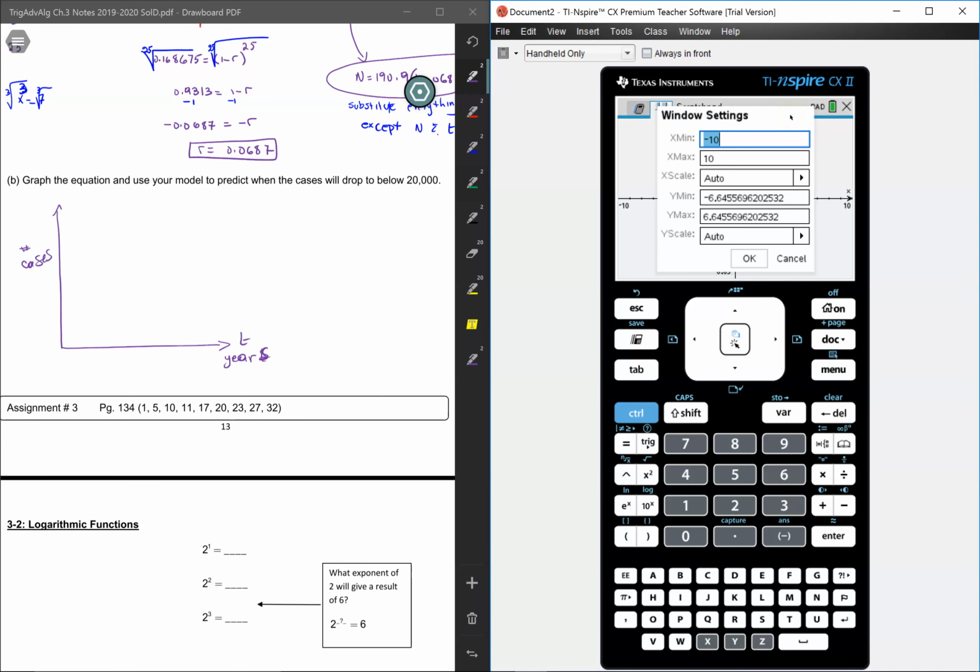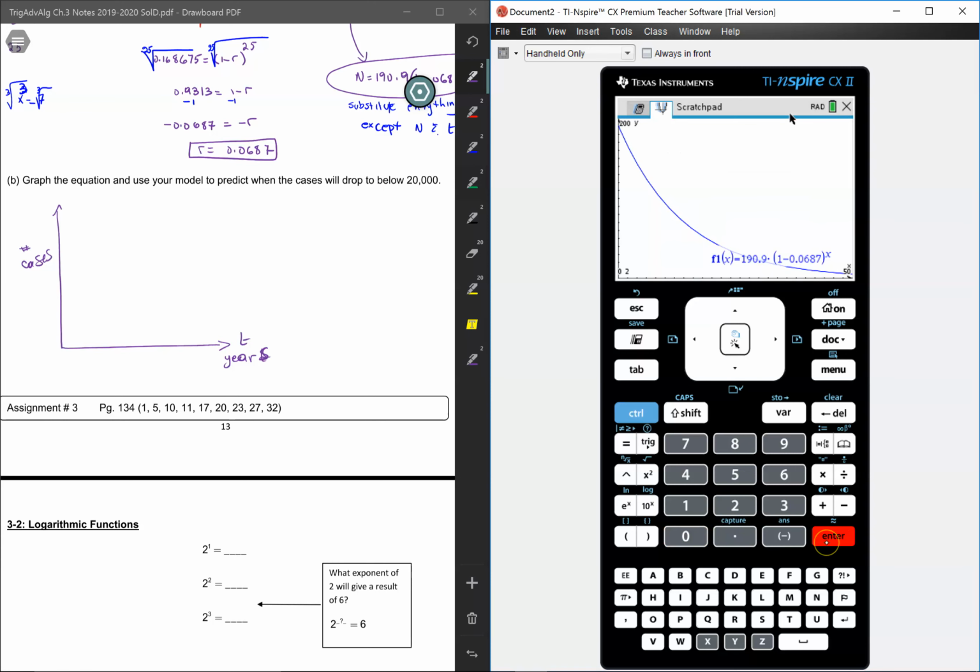The x-axis, we're going to go from 0 to, let's go to 50 years. The y-axis, we're going to go from 0 to, what was that highest number? It was like 190, so we're going to go to 200.